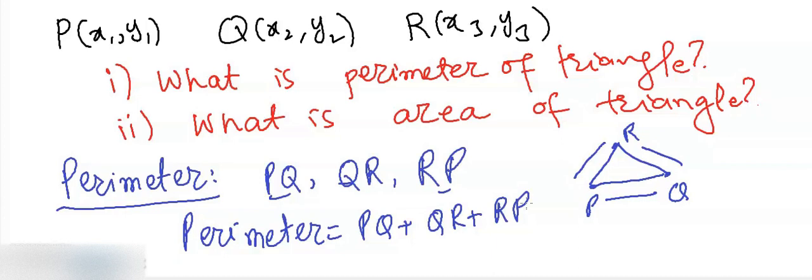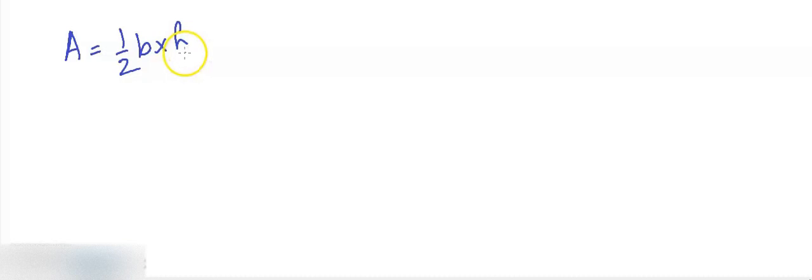Now the next question is, what is going to be the area of the triangle? Let's see how we can answer this. The area of the triangle can be given in many ways. For example, one of the famous formulas is area equal to 1/2 base times height. If we are lucky enough to decide what is going to be the base and what is going to be the height, then we can use this formula. But it is sometimes a nightmare to find out what is really the height, unless you know how to compute the equation of the lines.